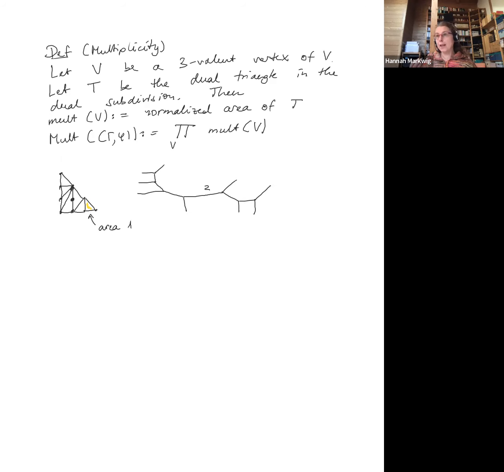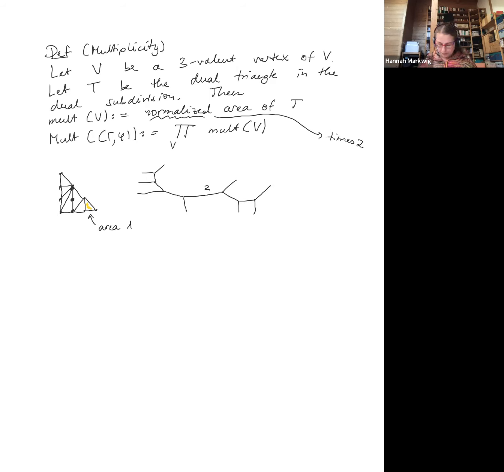It's like a lattice area. So you take the smallest simplex that you can draw in this lattice, and this would be one of the smallest simplices you can draw in this lattice, and then this has area 1. So you may be used to calling the area of such a triangle 1/2. Yeah, so the Euclidean area would be 1/2, but we normalize the lattice area. So you can just view this normalized area as the usual Euclidean area times 2.